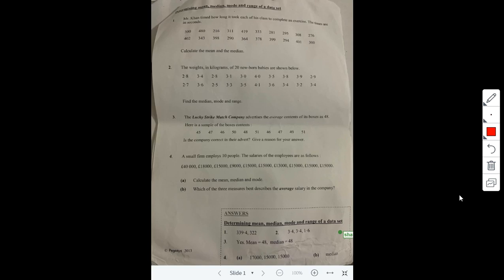If you count the mode, it will not give you an accurate value. Wait, isn't there only three though? 47 and 47, 46 and 46, then 51 and 51, right? Yes, that means there are three different modes, three different values you are going to get.